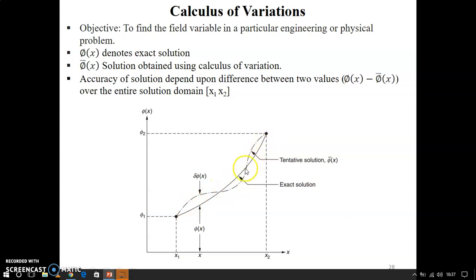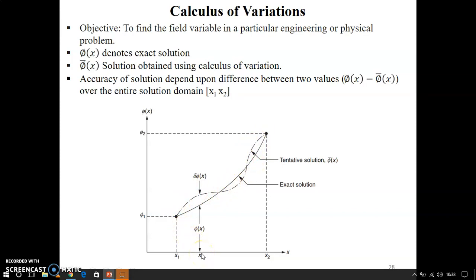Or the solid line can also represent the values of this field variable for different values of x obtained using an experimental approach. Now an approximate solution is obtained by using the calculus of variation, and it is denoted by phi bar. So you can see there is significant deviation between this direct or exact solution and this finite element solution obtained by using the calculus of variation.